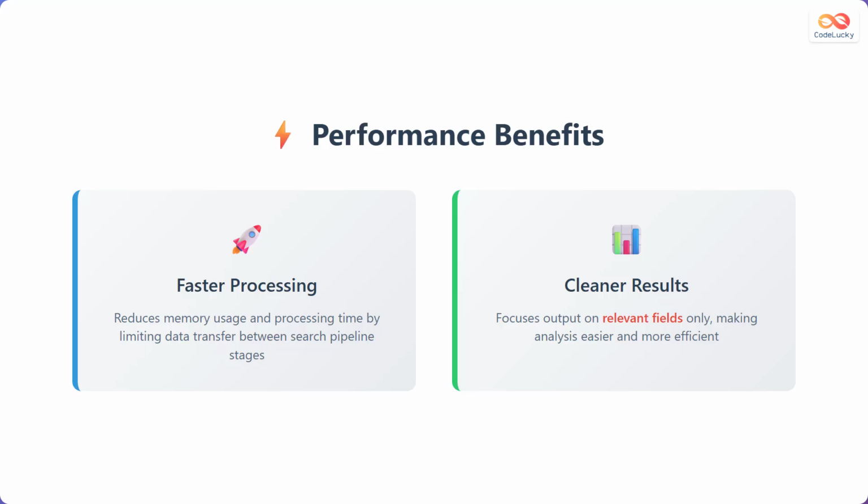Second, the fields command creates cleaner, more focused results that make analysis easier and more efficient. Instead of scrolling through dozens of irrelevant fields, analysts can quickly focus on the data that matters most for their investigation. These performance improvements become especially noticeable when working with large datasets or complex searches that involve multiple processing steps.